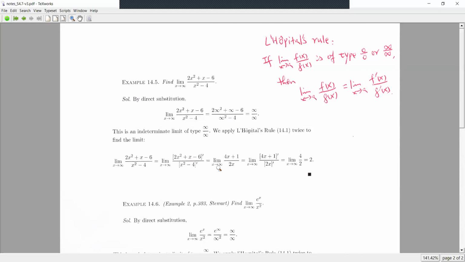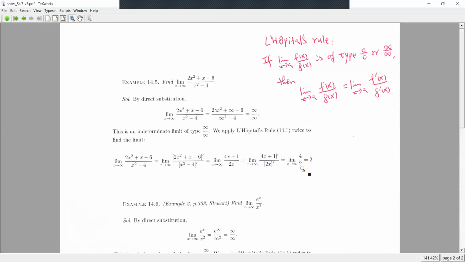When you plug in infinity for x, we cannot tell what it is, okay? So we can apply L'Hopital's rule to this limit. Take the derivative of the numerator, take the derivative of the denominator. Then we get 4 over 2.